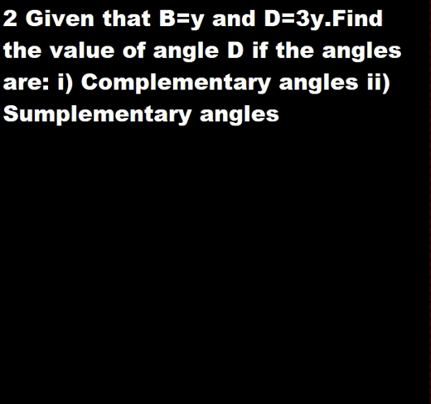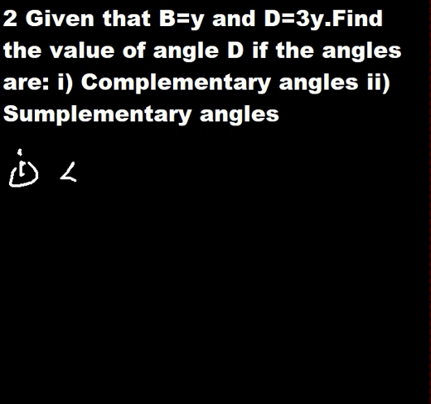And there is also a question that says that given that angle B is y and angle D is 3y, find the value of angle D if the angles are complementary angles and if they are supplementary angles. Let's have the first case, which is about the complementary angles.